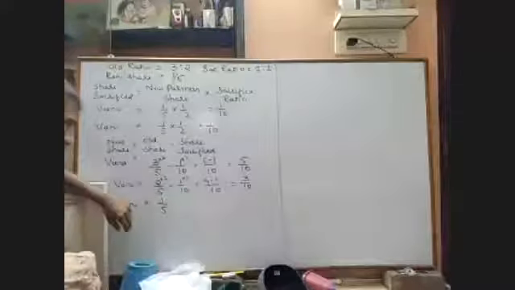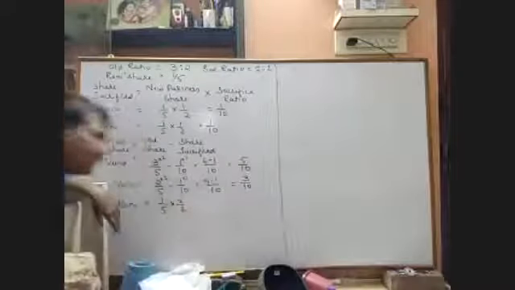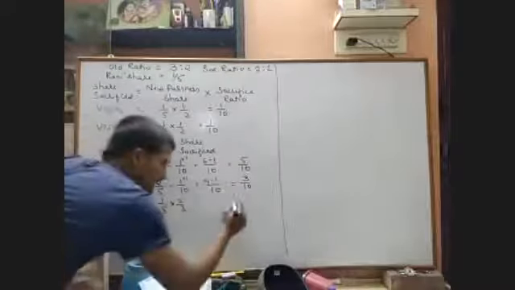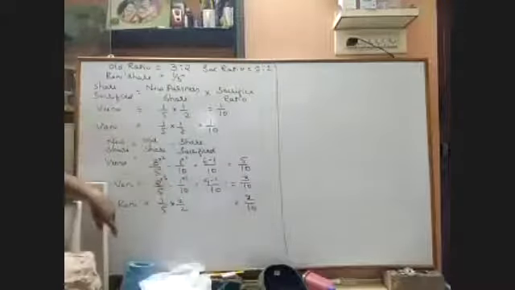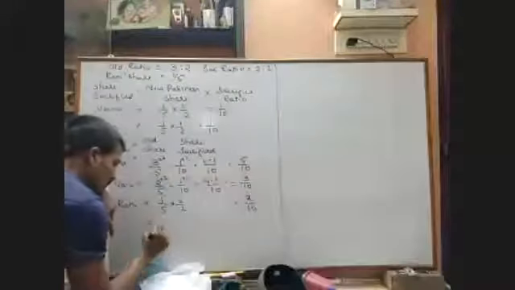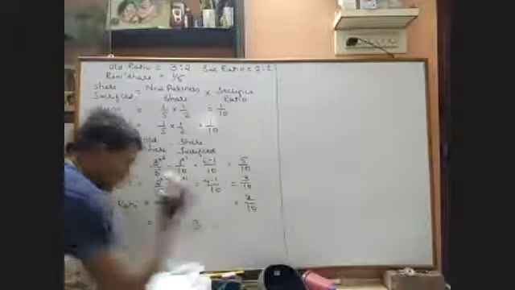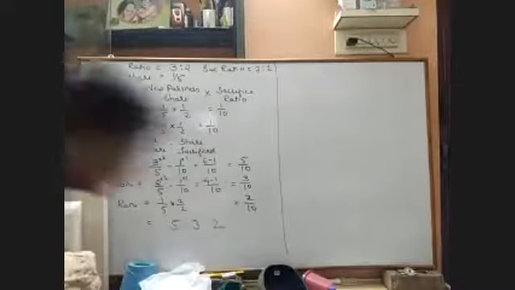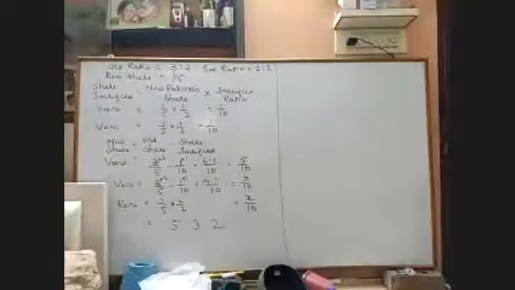So I multiply by 2 by 2. That gives us 2 by 10. So now the ratio will be 5:3:2.